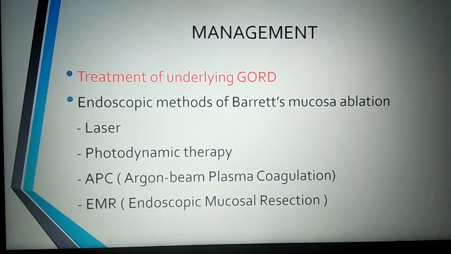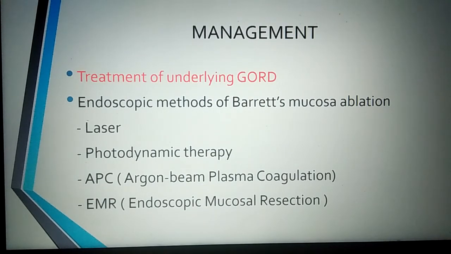What are the different types of endoscopic methods? The first one is laser, followed by photodynamic therapy, and APC, the argon beam plasma coagulation therapy. These three are going to ablate the Barrett's mucosa, and we can use them along with the upper GI endoscope.